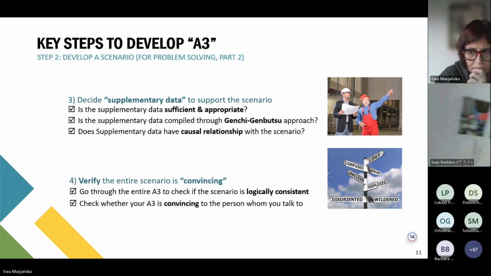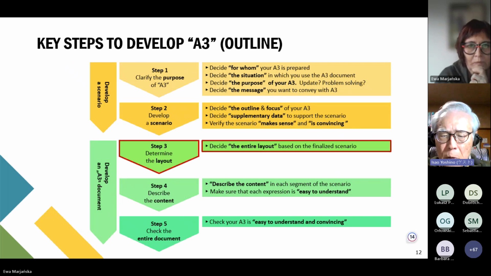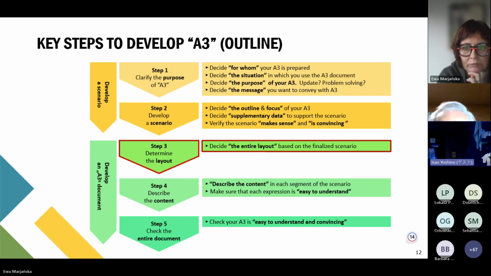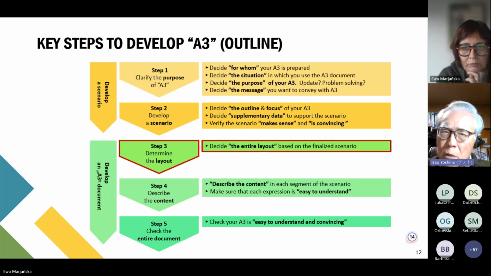And page 12, again, layout. I already talked about layout being important because with the A3, unlike PowerPoint, the space is limited.